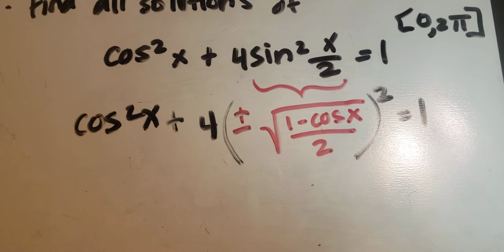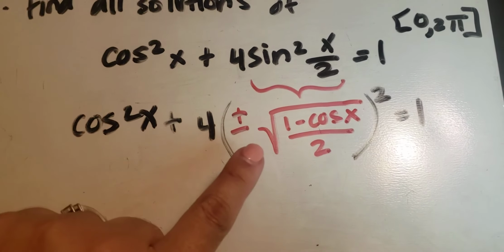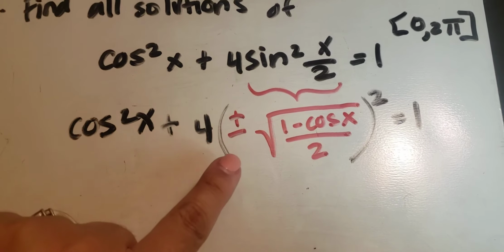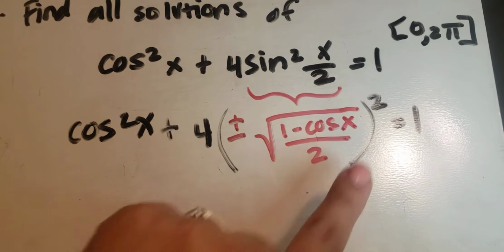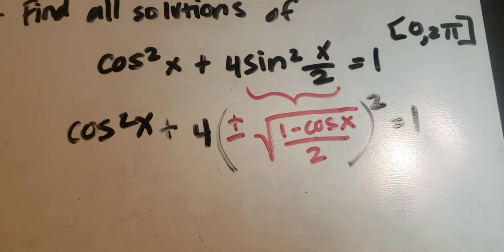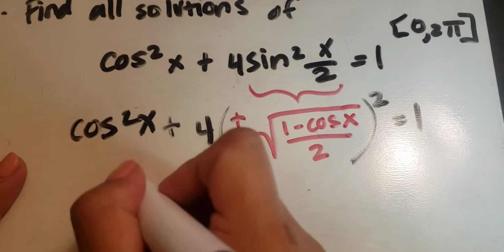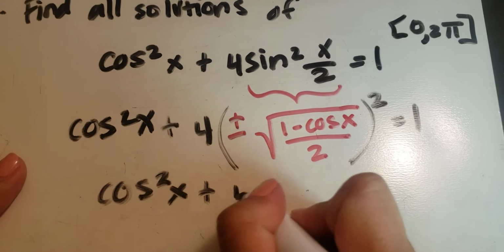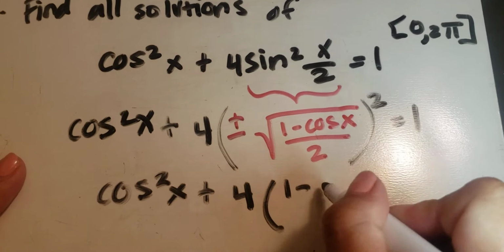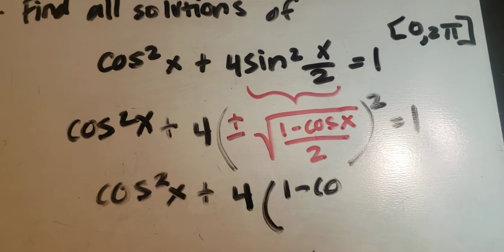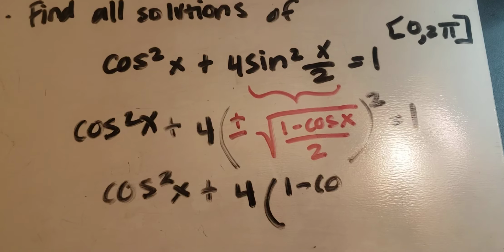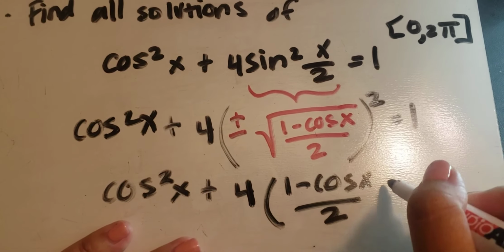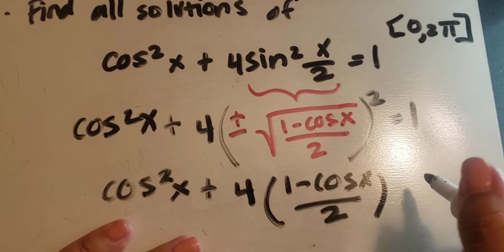Now, real quick, because this is being squared: when you square a positive, you still get a positive. When you square a negative, you still get a positive. And when you square a square root, it'll be gone. So now we end up with cosine squared of x plus 4 times 1 minus cosine of x over 2 equals 1.